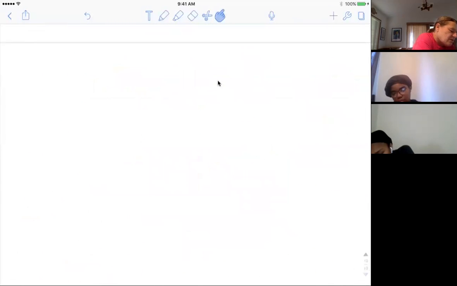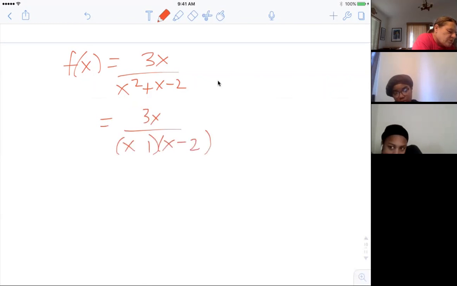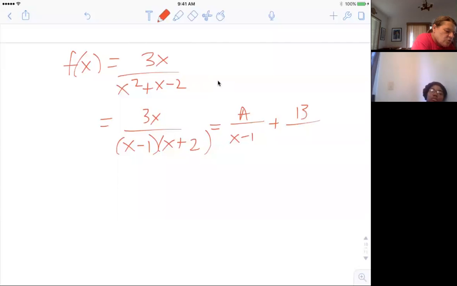F of x is 3x divided by x squared plus x minus 2. If I factor that, I get x minus 1 and x plus 2, so that'll be A over x minus 1 plus B over x plus 2.